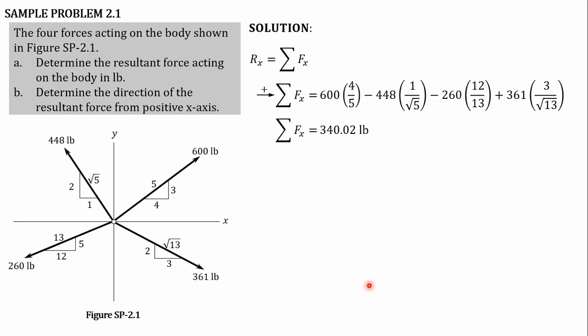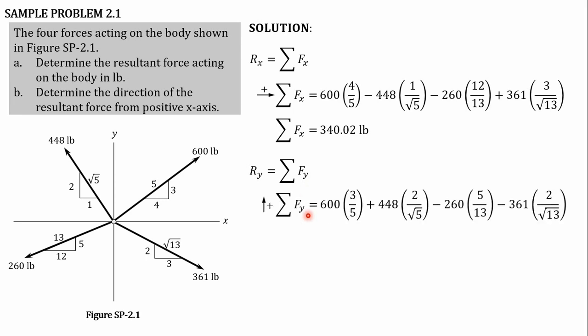Okay, how about yung Ry natin? How to solve that one? So, Ry is equal to summation of Fy, or summation of all vertical components of all forces. And then we assume that going upward is positive. Okay?